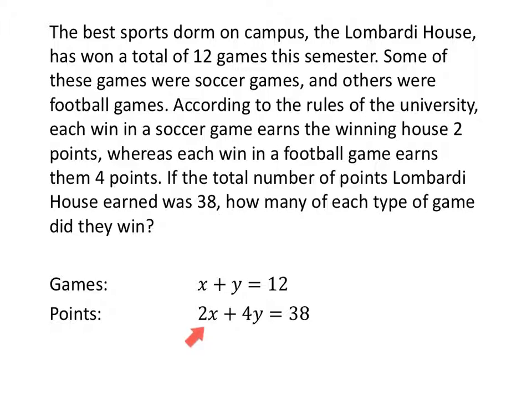Each win in a soccer game will give you 2 points. Each win in a football game will give you 4 points. And we know that they earned a total of 38 points. So we can set up our equations. Alright, so the question tells us our variables. The totals tell us the types of equations, and now we have a system of equations that we can solve.